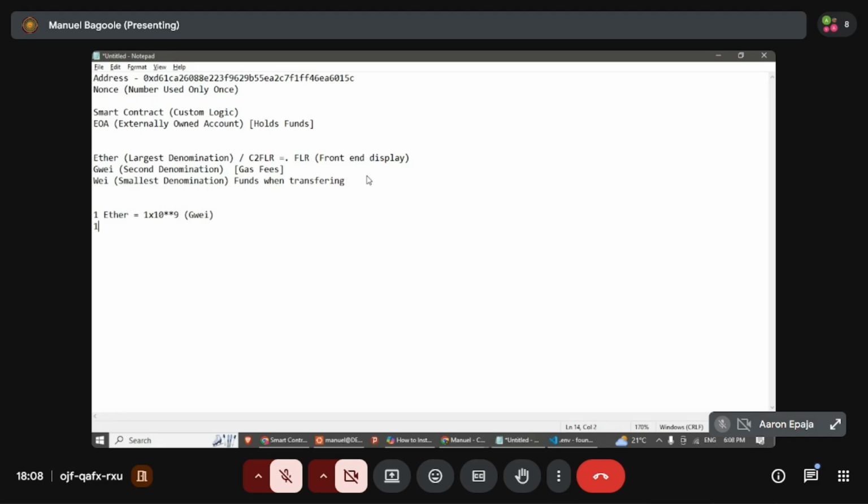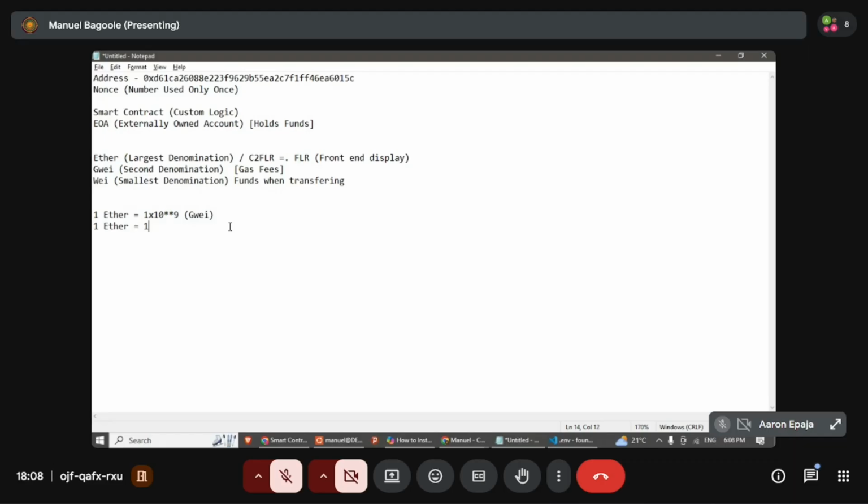But then 1 Ether is also equivalent to 1 times 10 power 18 in terms of Wei. So if I wanted to represent 1 Ether in Wei, what would I do then? I would have 1 with 18 zeros after it.